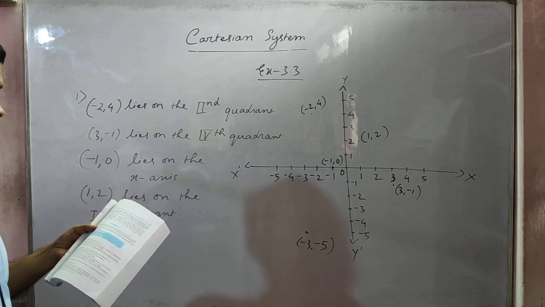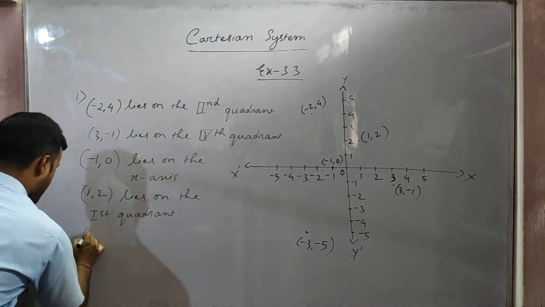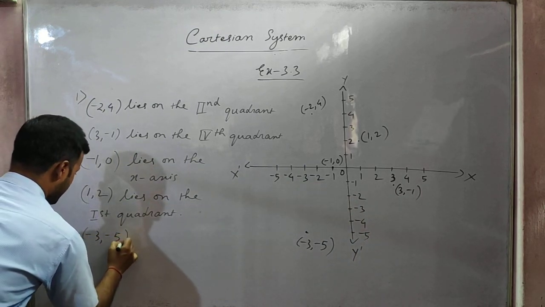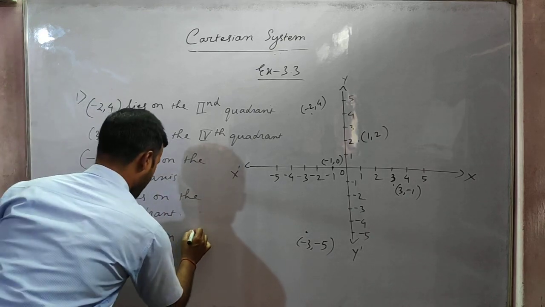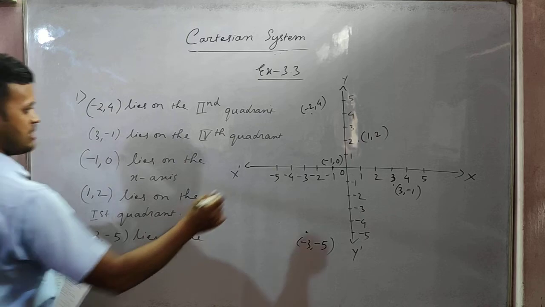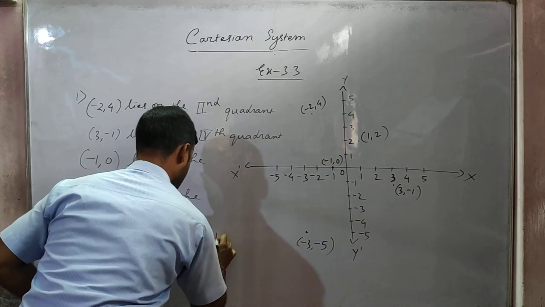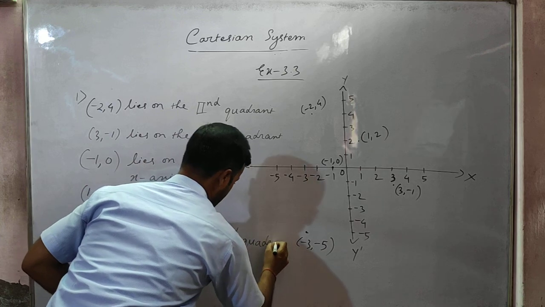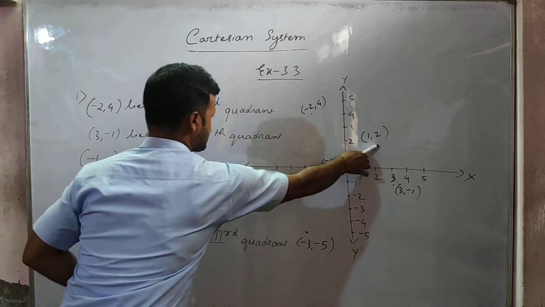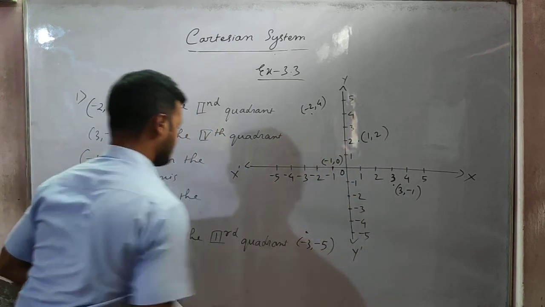And again (-3, -5) lies on the first, second, third quadrant. This is the first, this is the second, this is the third, and this is the fourth quadrant.